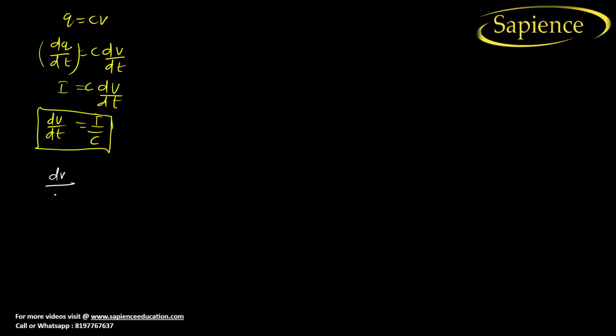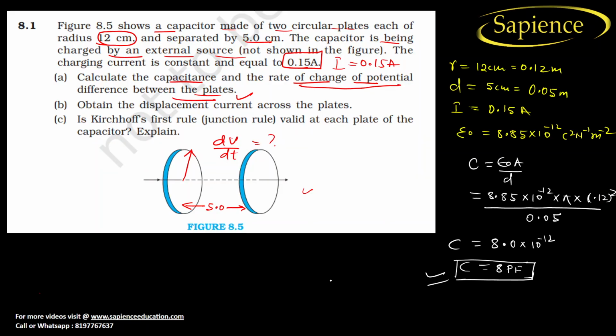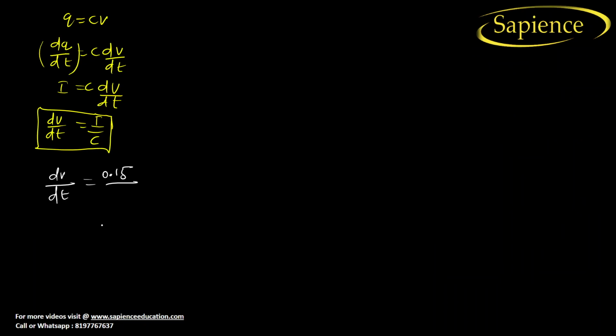So dV by dt is equal to the current, 0.15 ampere, divided by the capacitance, which we just found as 8 picofarad, that is 8 into 10 to the power minus 12. Now just calculate it. This will be approximately 1.87 into 10 to the power 10 volt per second.